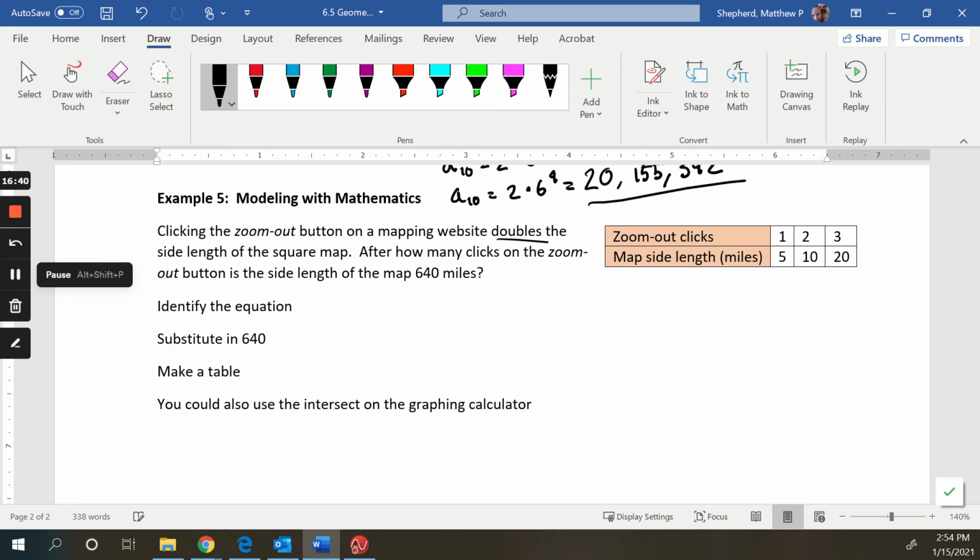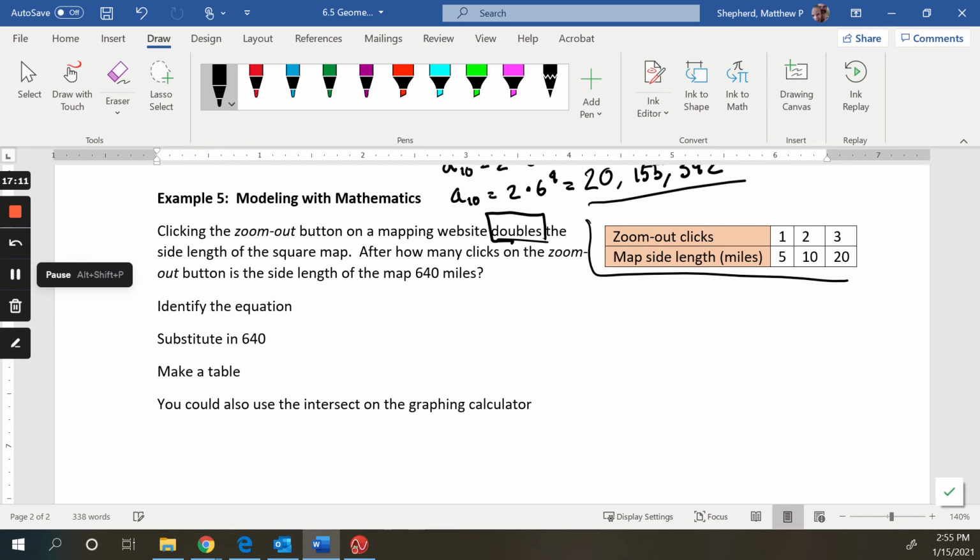So the length of the amount of Earth that you can now see has increased. It's increasing by doubling. So if the full length of the side of your computer before you zoomed out represented 1 mile, and then you zoomed out, now that side of your screen is showing 2 miles' worth of map. Okay? And so on and so on.